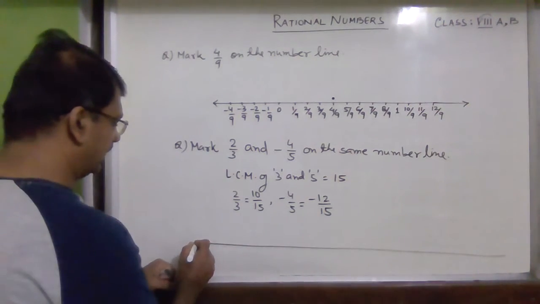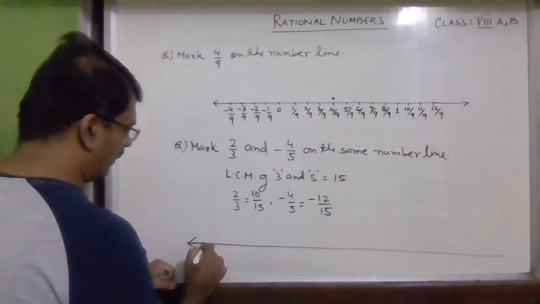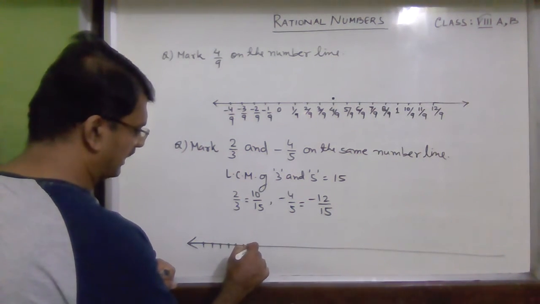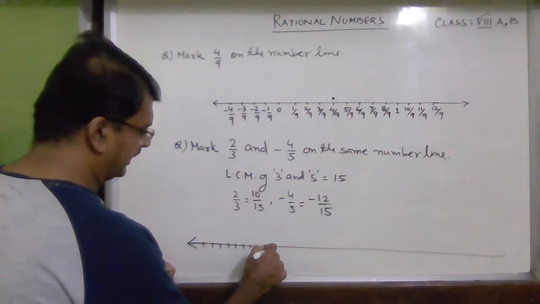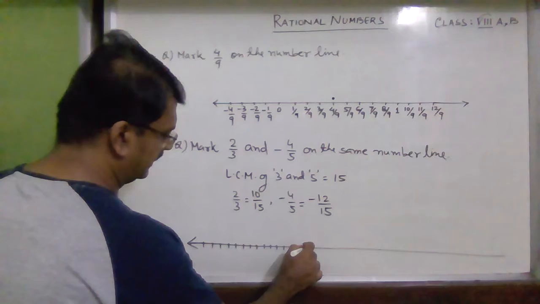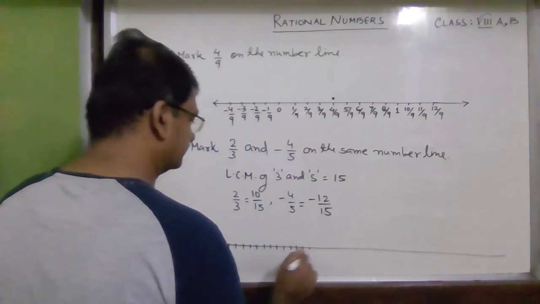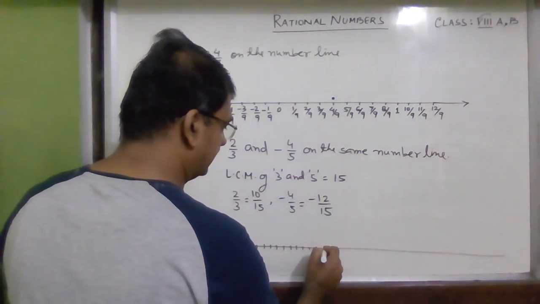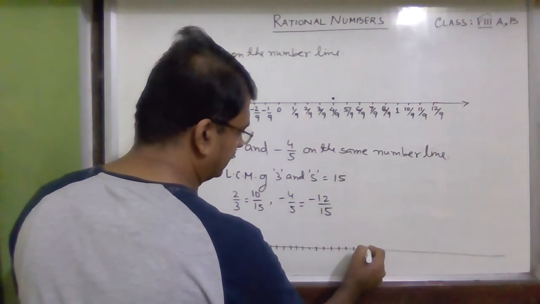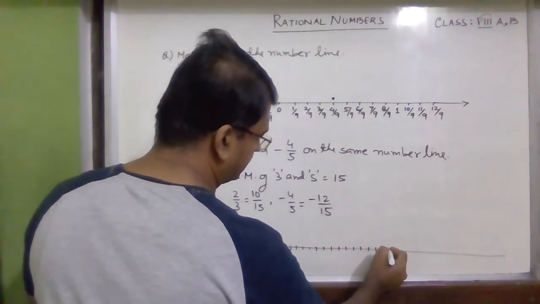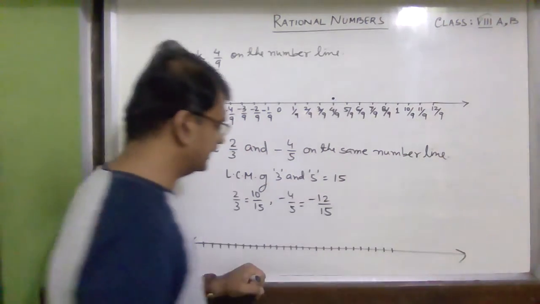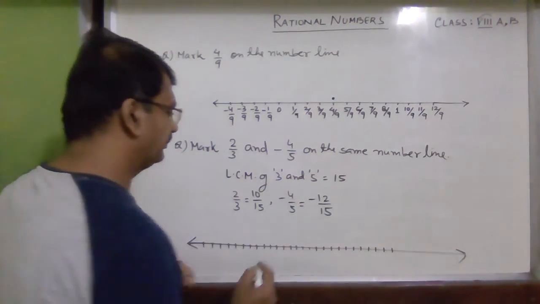So you can start from here, make an arrowhead here, 1, 2, 3, 4, 5, 6, 7, 8, 9, 10, 11, 12, 13, 14, 15, 16, 17, 18, 19, 20, 21, 22, 23, 24, 25, 26, 27. That is sufficient.